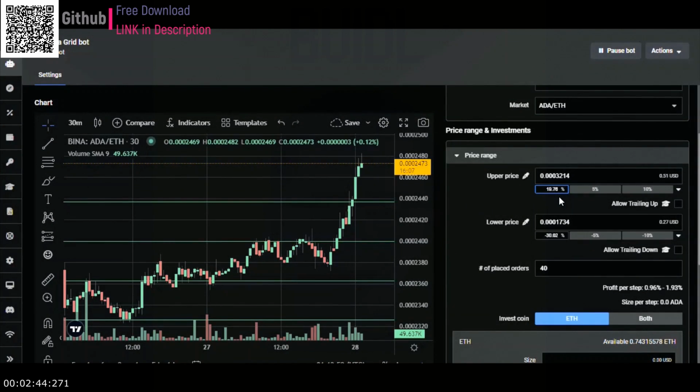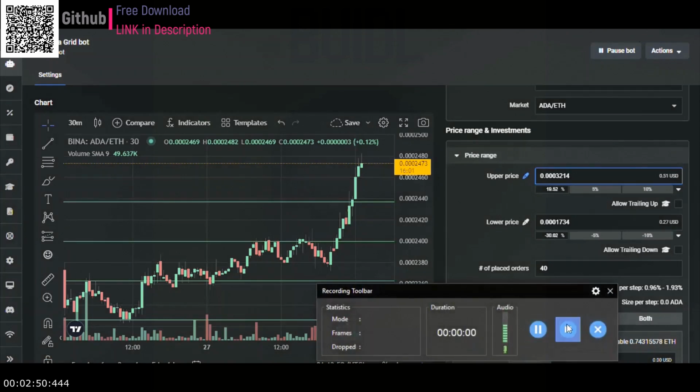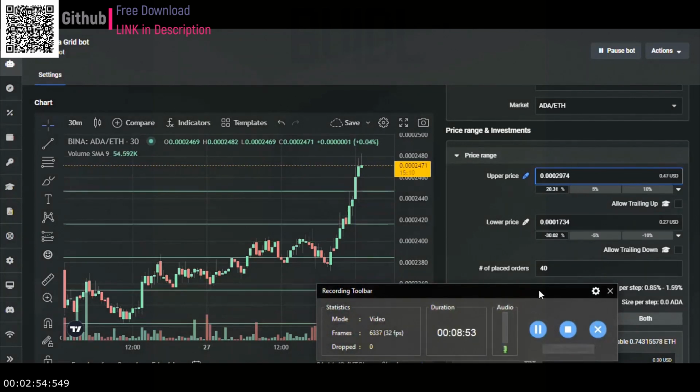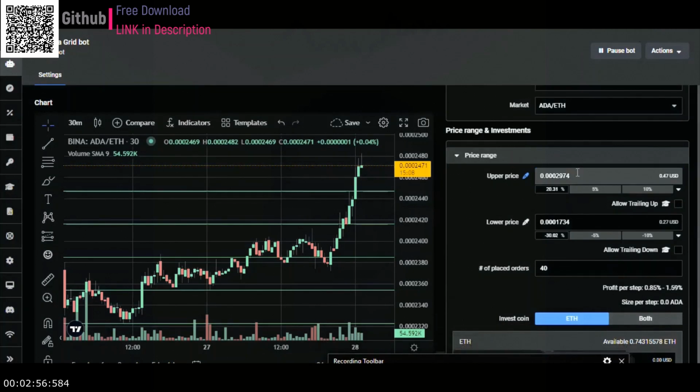So this is about 19%. Upper price, you can even type here, like if I type 0.0032, that means almost 29% up from the present price.